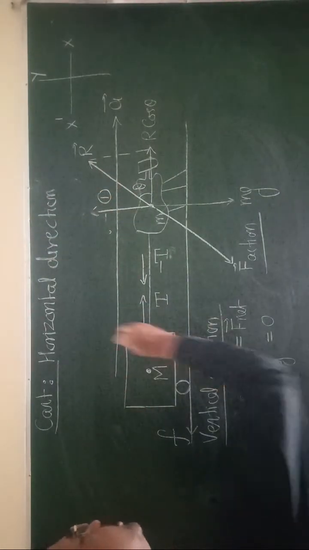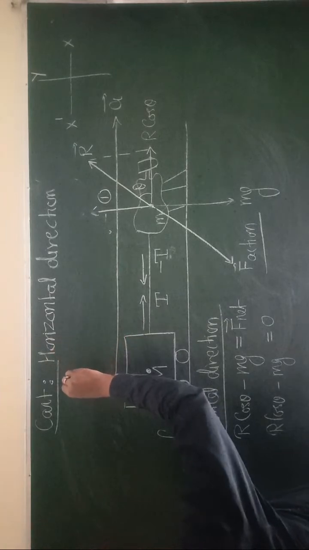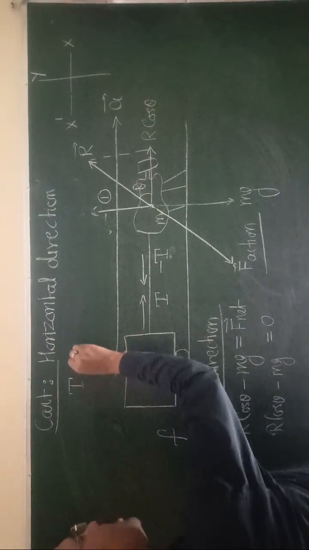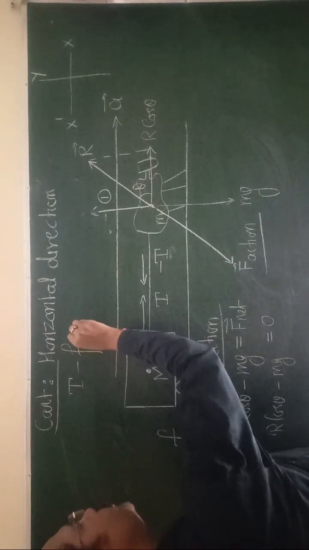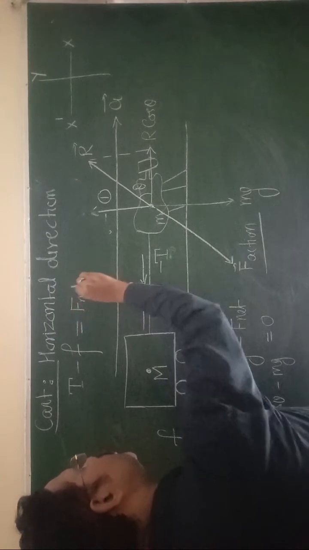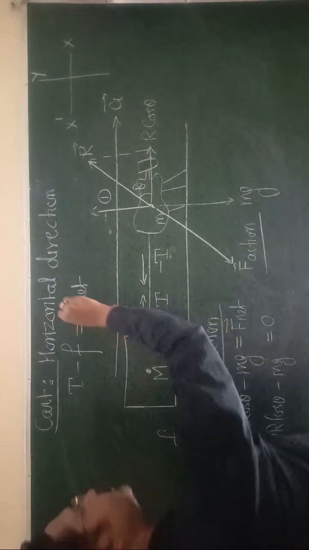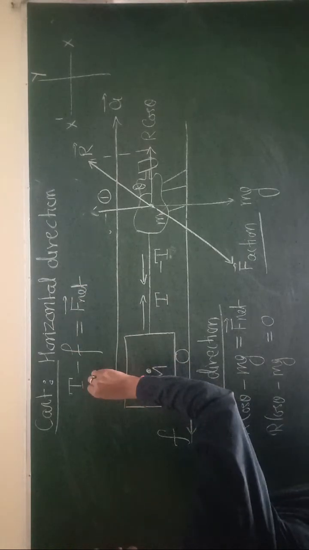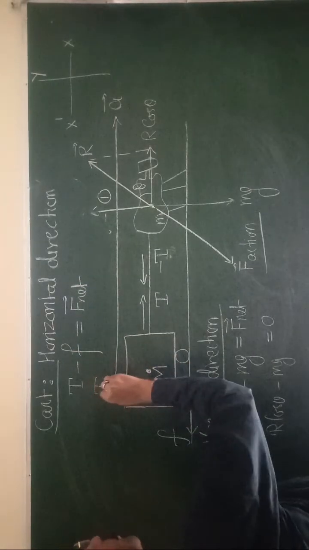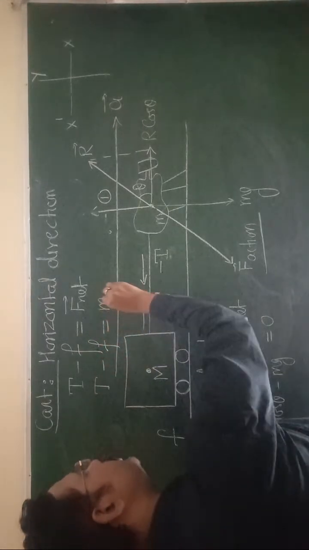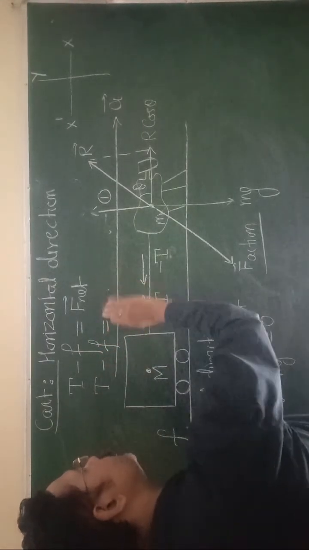So I am writing here T positive minus friction is equal to the net force in the horizontal direction. Again, T minus friction is equal to net force, which is mass into acceleration.